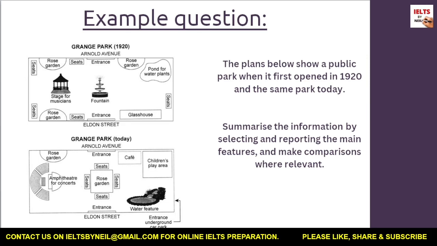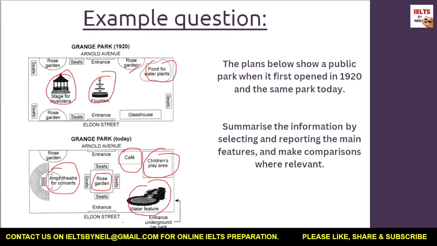Now, if you have a look at general changes, you can see that this stage for musicians has been changed to this theater. Fountain has been changed to rose garden. Okay, this rose garden has been changed to a cafe. Ponds for water plants has been changed to children's play area, and a water feature has been added.